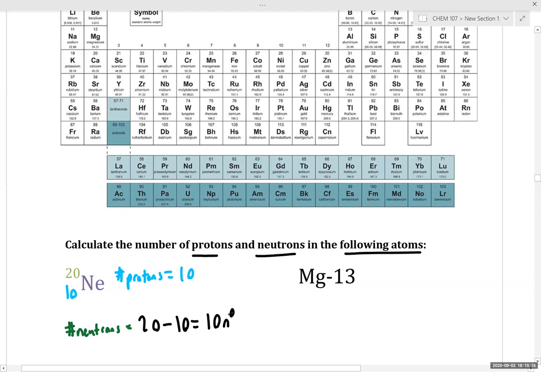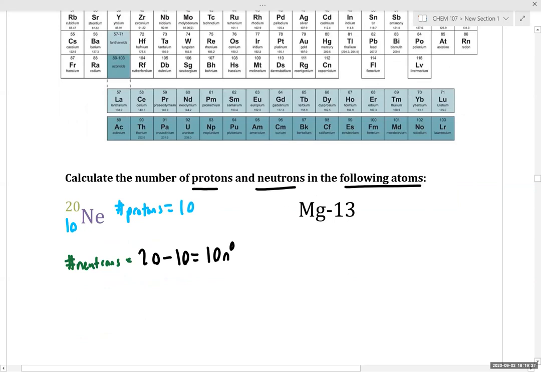Does this example make sense to everyone? Any questions on this first example? If not, let's look at magnesium.